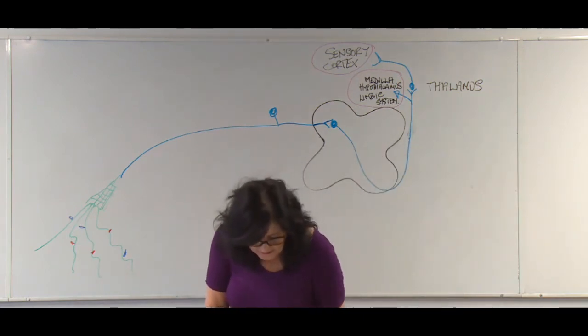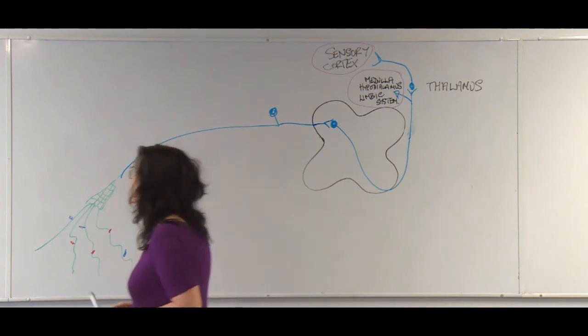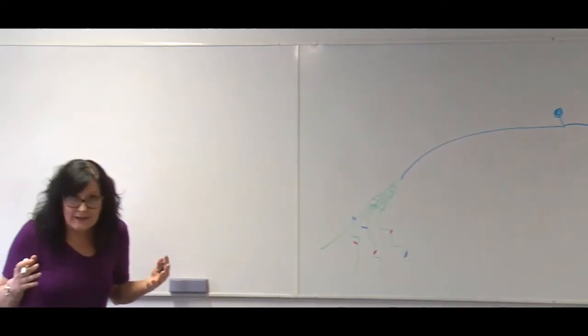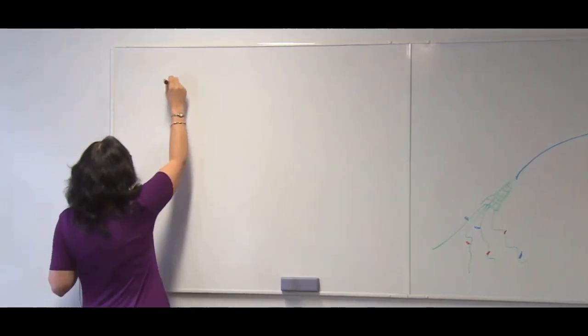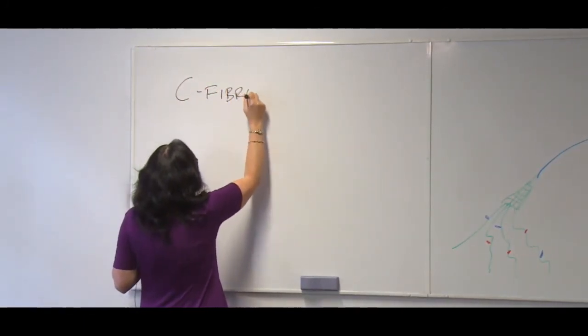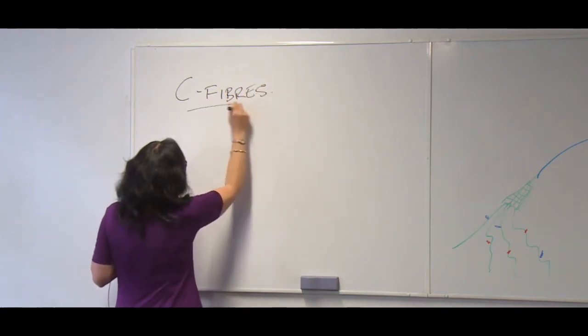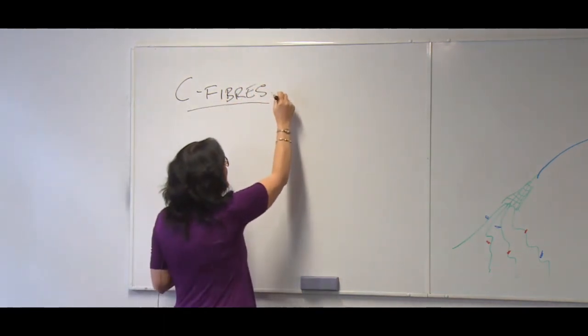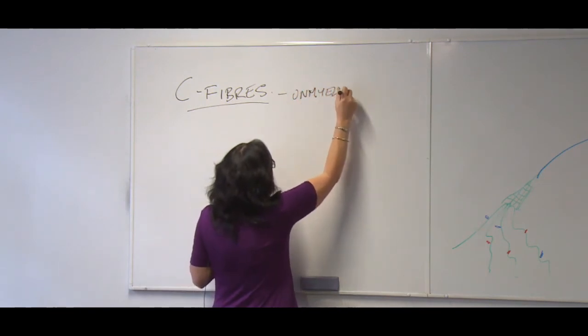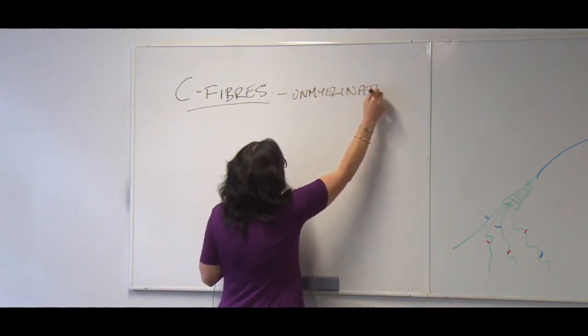Within that pain pathway, we also talked about the fibres, didn't we? So we've talked about two main fibres. Our C fibres, and if you remember, these are our unmyelinated fibres.